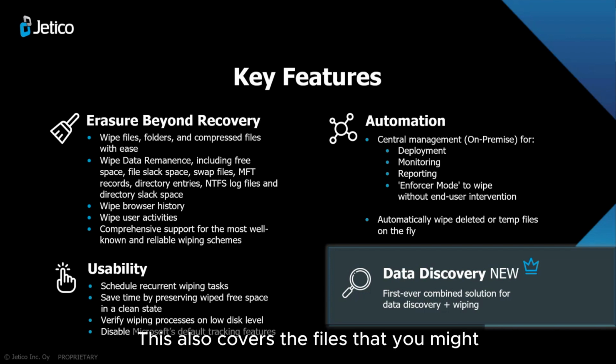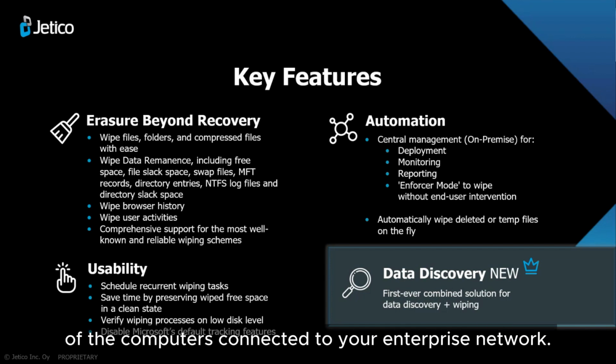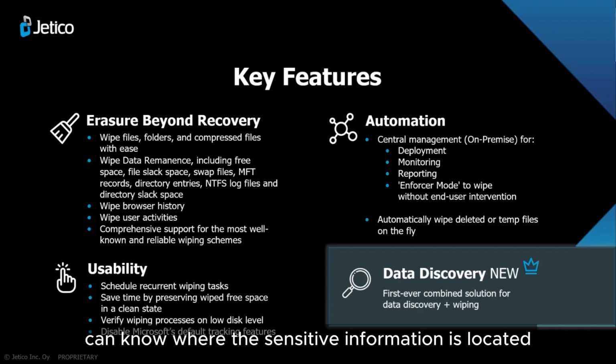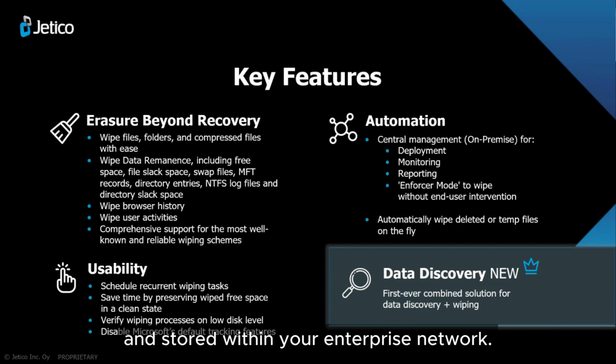This also covers the files that you might not necessarily be aware of, right? So it can find anything that resembles, let's say, a credit card number on any of the computers connected to your enterprise network. That way you can know where the sensitive information is located and stored within your enterprise network.